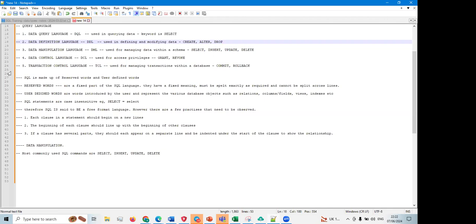So these are the most commonly used SQL commands, and these are what we would want to focus on. And like I said, we wouldn't even have time to focus on insert, update, and delete. Our main focus for this internship will be the select keyword.